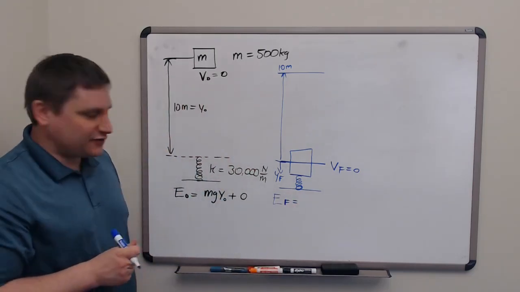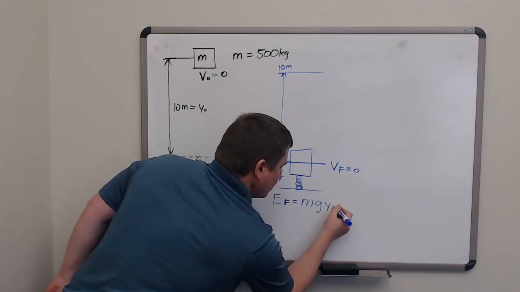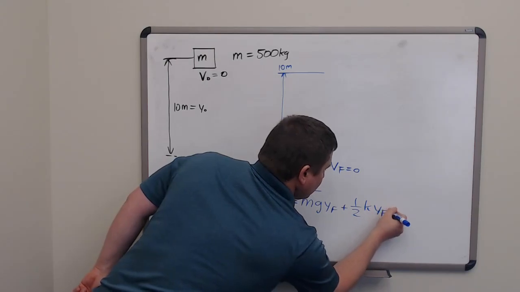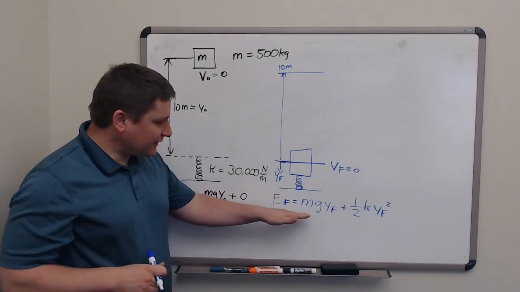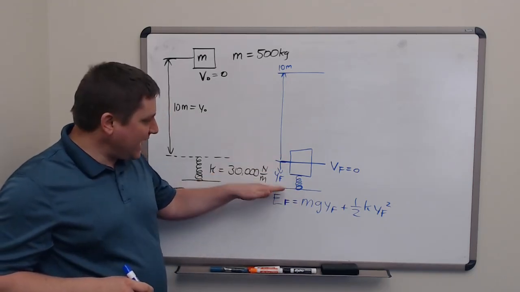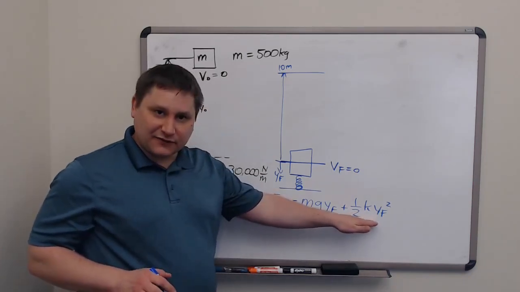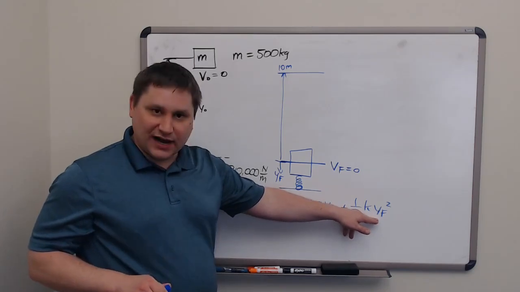In the final situation, we have gravitational potential energy and spring potential energy. Gravitational energy will be negative because yf is below our reference level. The potential energy of the spring will be positive even though yf is negative because yf gets squared.